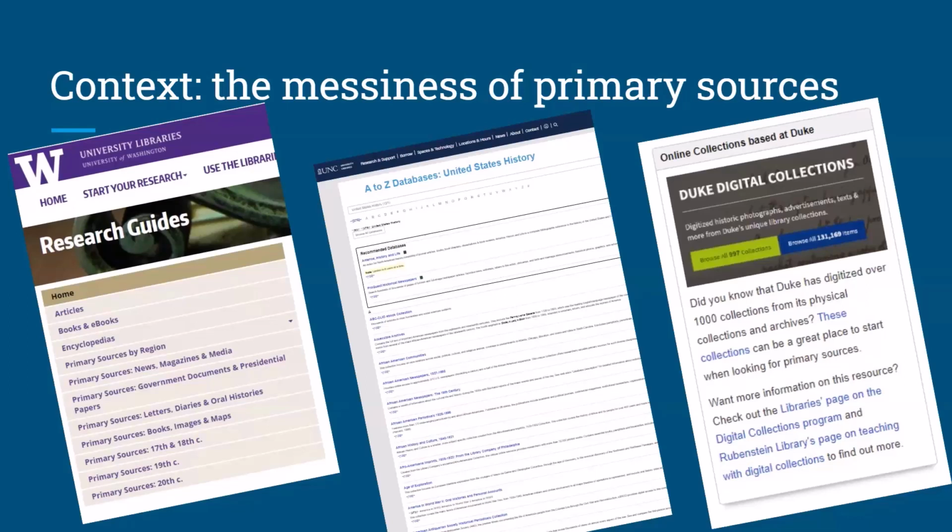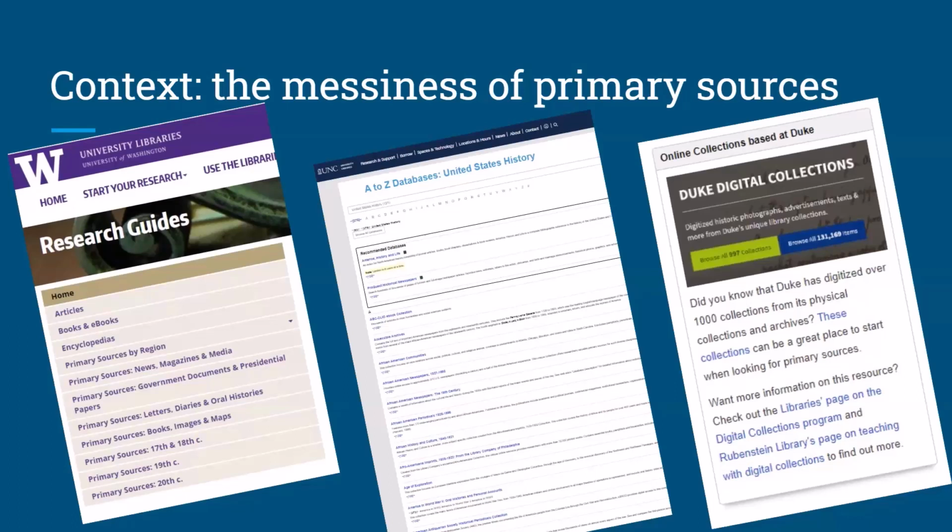The middle screenshot here is from the University of North Carolina, where they list 121 US history databases, and most of those are themed primary source collections. And at Duke, you can see that they talk about how they have over 1,000 collections that are digitized. So this is all incredible, and it also can be incredibly overwhelming to students and sometimes also to librarians. We spend a lot of time curating these long lists of possible sources and helping students find good sources.